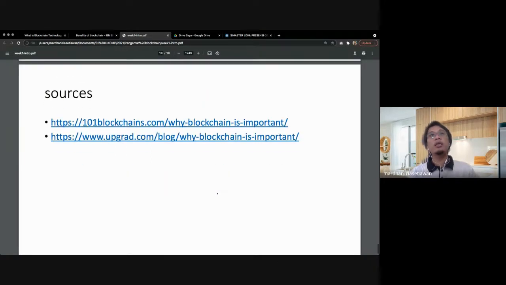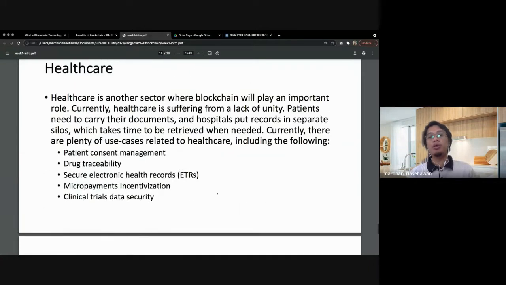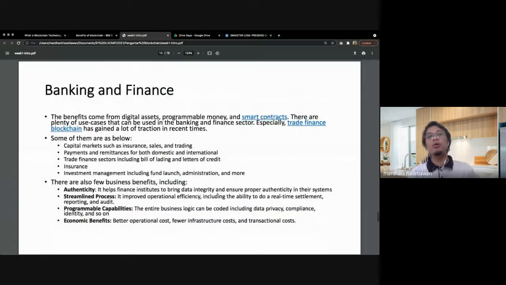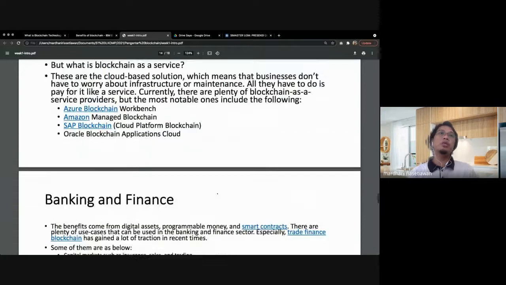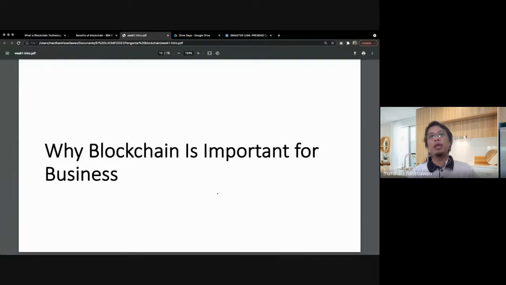So I think that is the explanation of the big picture of the blockchain that we will discuss later. Hopefully, based on this material, it can open your mind and widen your perspective on blockchain.